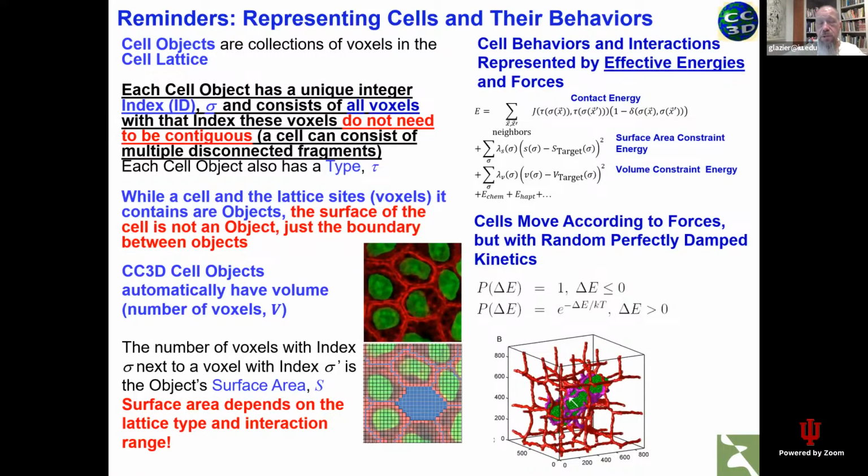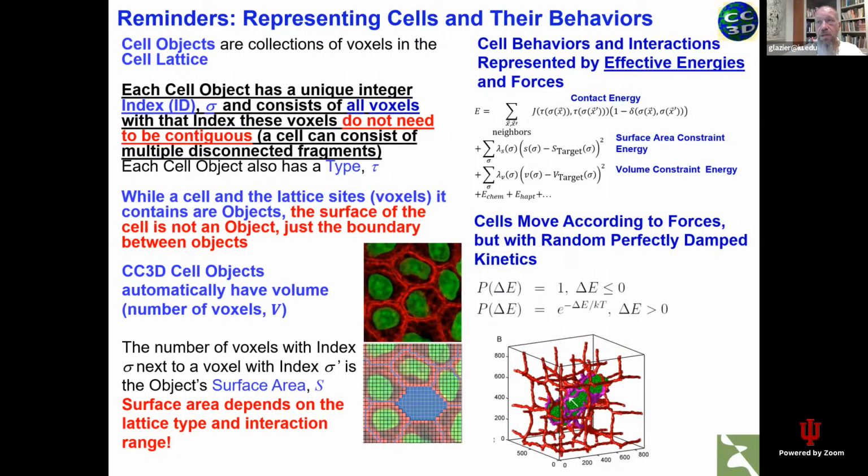Coming back to CompuCell as a whole, this single slide really enunciates all of the things that Giulio talked about in terms of the CompuCell fundamentals. The key things we're going to be talking about are cell objects. The cell objects are collections of voxels in a cell lattice.